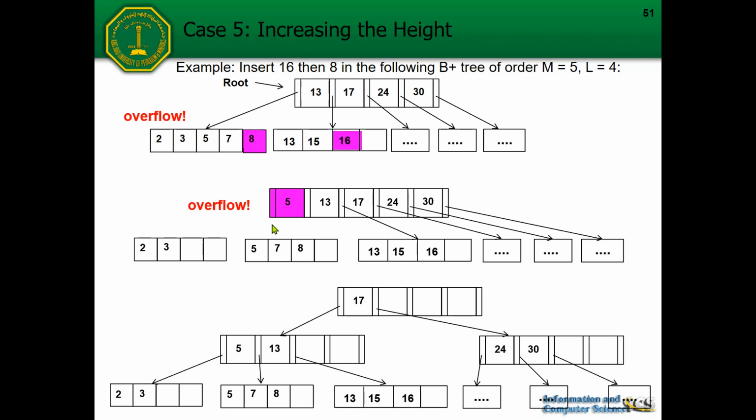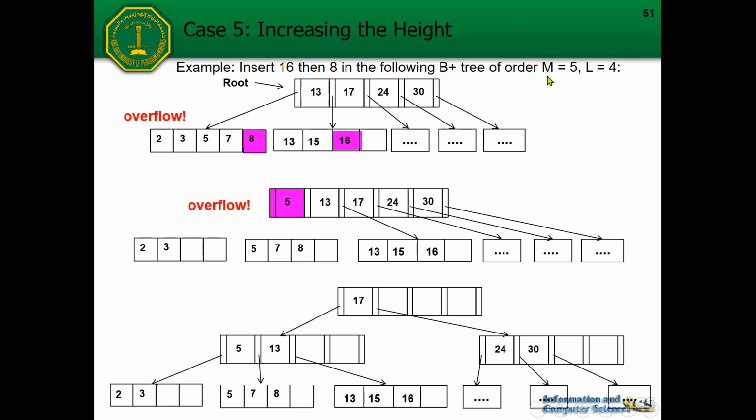If you promote something from an internal node to the upper level, you must delete that. But this is a leaf, so you cannot delete that key. After you promote 5 to this root, you can see that there are 1, 2, 3, 4, and 5 keys for this root.